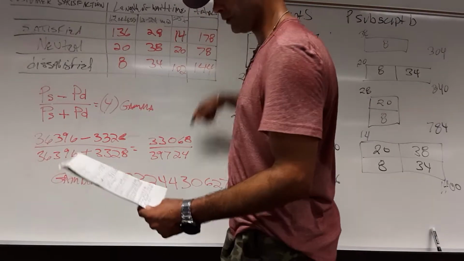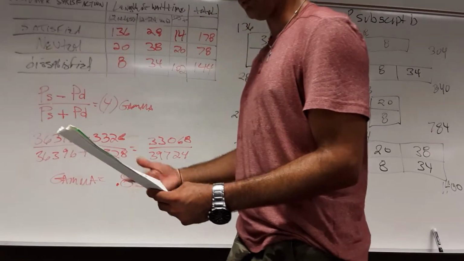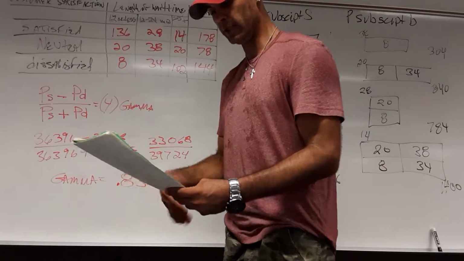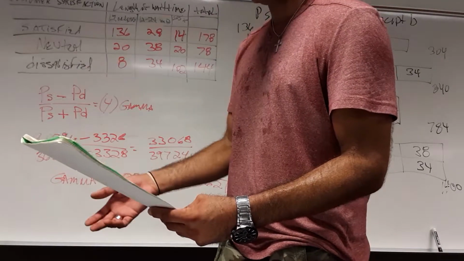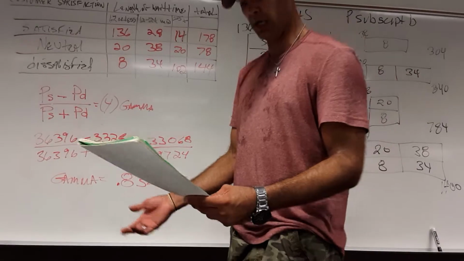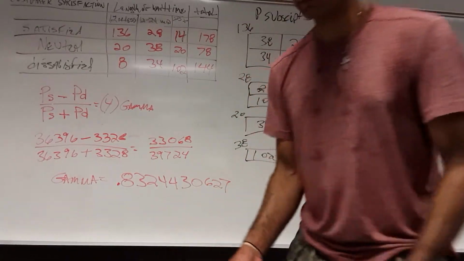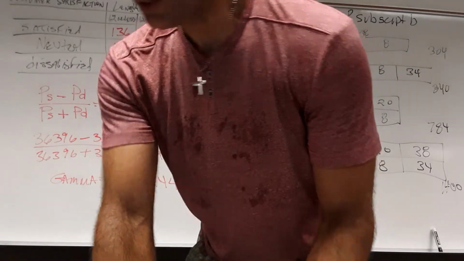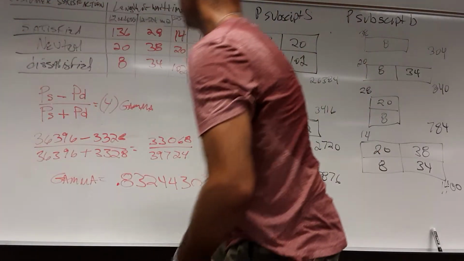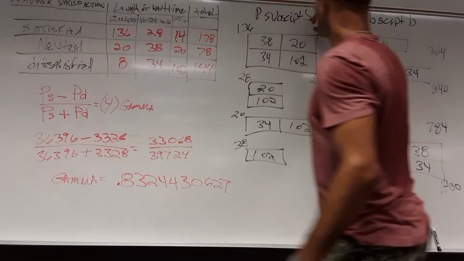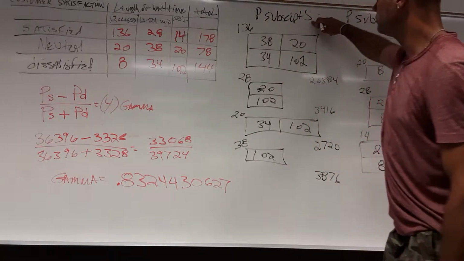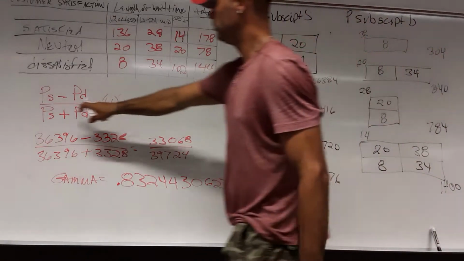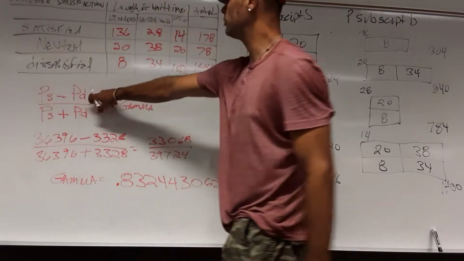We also skip any cell whose entry is 0, as well as any cell that has nothing below or to the right of it. So we start with P subscript S, and we're going to find P subscript S and P subscript D.